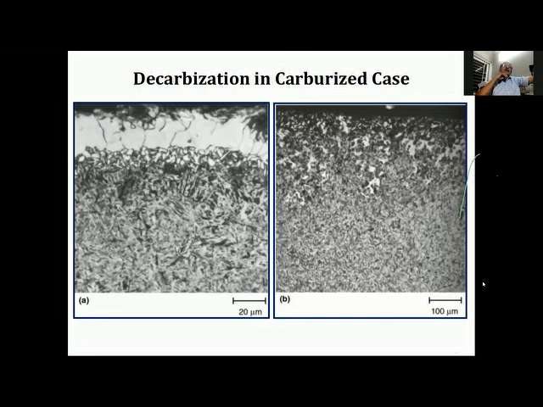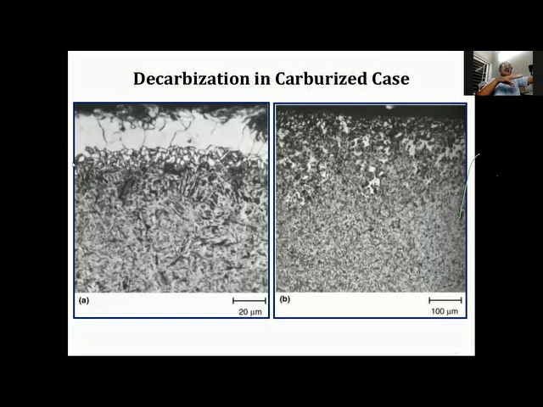Decarburization generally does not occur in the carburizing process as such. But there are specific conditions under which it can take place. There are two major categories of decarburization. The left slide shows complete decarb. It is a fully ferritic layer at the surface.